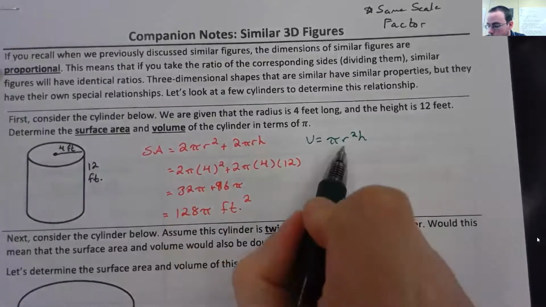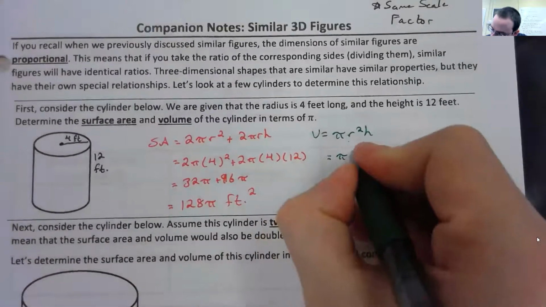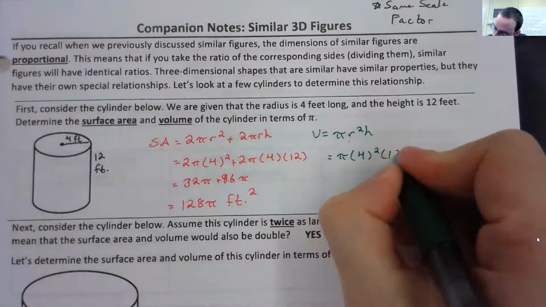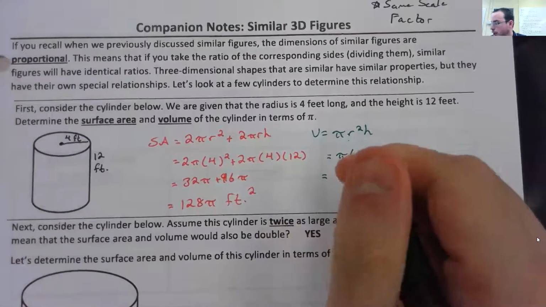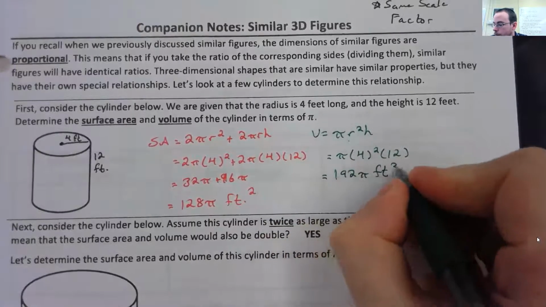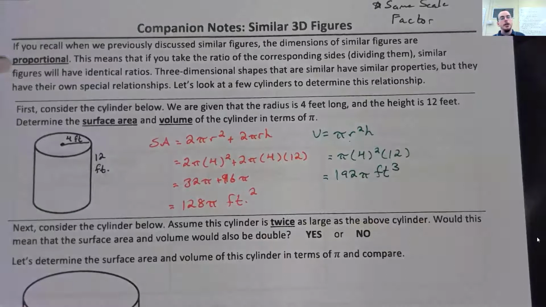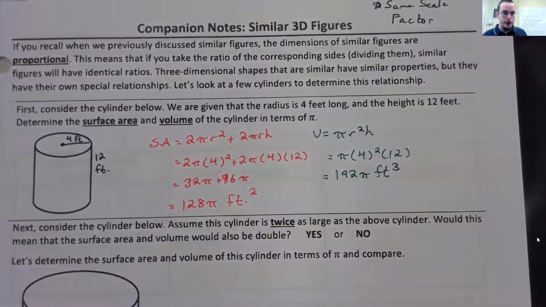Likewise, for the volume, we plug in 4 for r and 12 for h. 4 squared times 12 gives us 192, and then of course, don't forget the pi, feet cubed. So that's the surface area and the volume of our original figure.